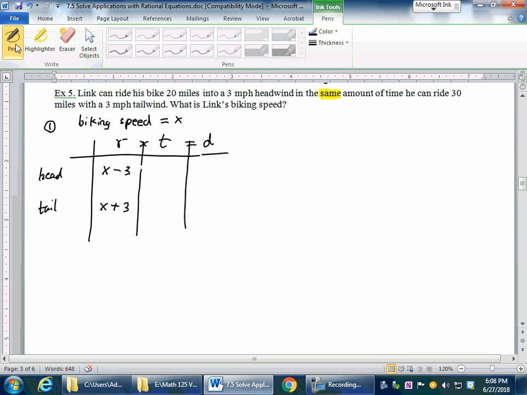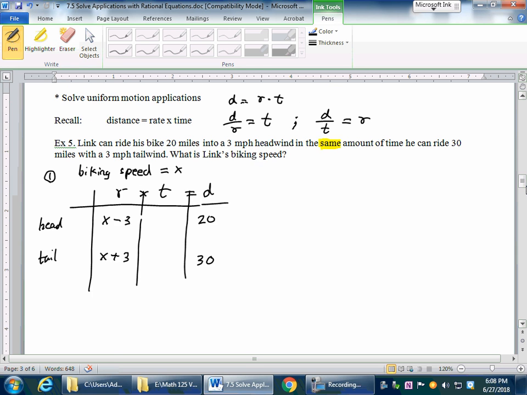We know that going with the headwind is 20 miles, going with the tailwind is 30 miles. And from what we saw earlier, right here, if you know the distance and the rate, you can divide the distance by the rate to get your time.